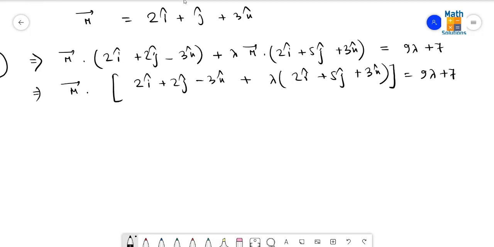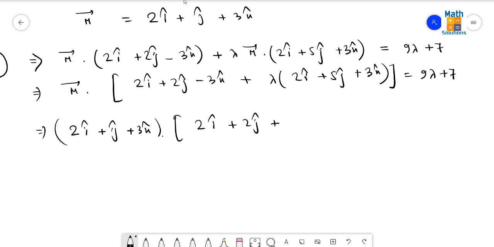So after this, we shall write this substitution, 2i cap + j cap + 3k cap. Sorry, here it should actually be in combined form. We can write this in what way? Let us check.